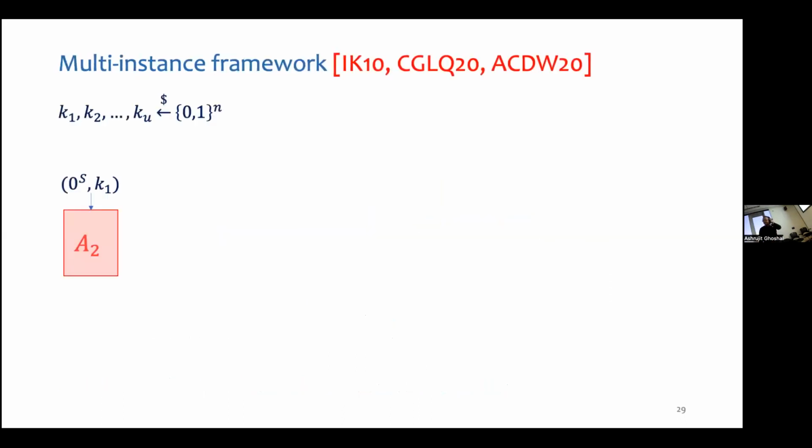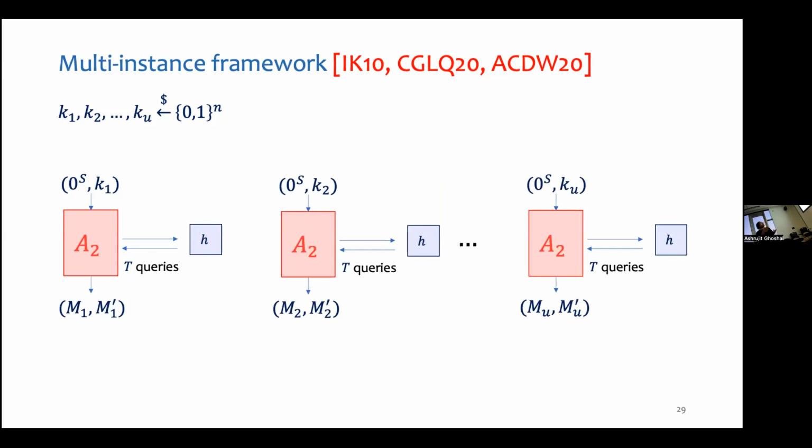Okay, so there are u uniformly random keys. Here the online phase of the adversary gets some degenerate bytes like the all zero string, and the first key. It can query the random oracle at t points and has to output a collision. Then it is run similarly on all the keys successively.